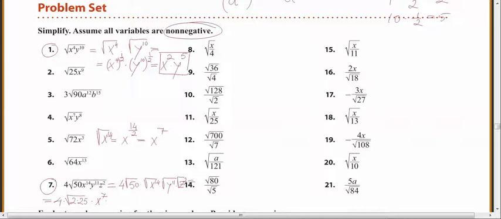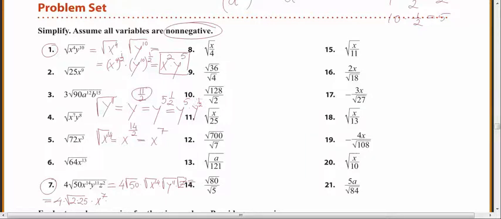If I have y to the power of 11, the square root of that would be y to the power of 11 over 2, which equals, since 2 goes into 11, changing that power into a mixed number, 5 and 1/2, which I can write as y to the 5th times y to the 1/2.